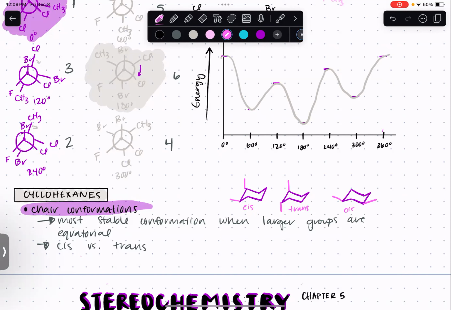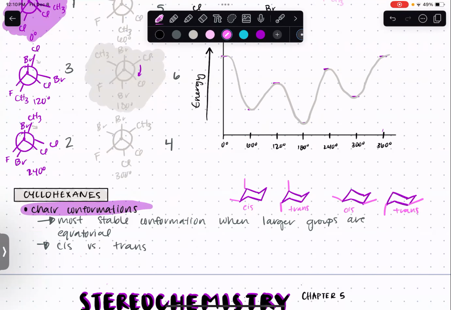And this is cis, and then this is also trans, where we would get this one going down and this one going up. So it depends exactly where your substituents are on your ring, what's going to be more stable, right?